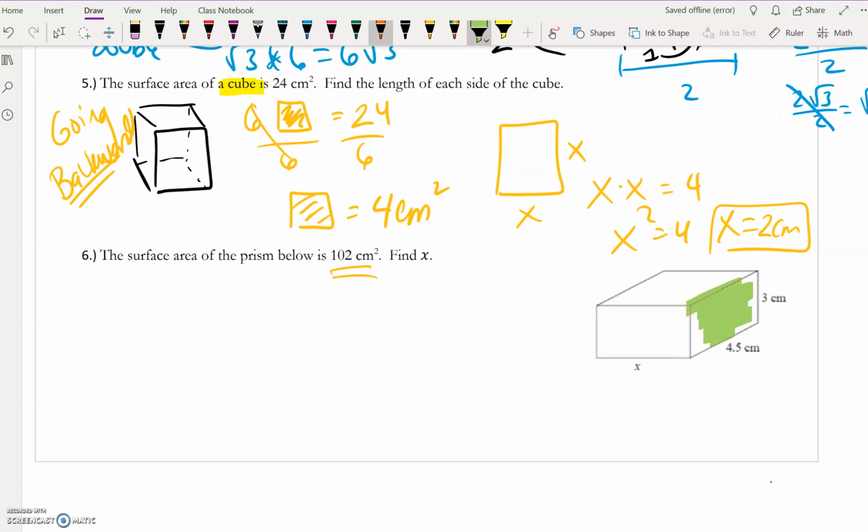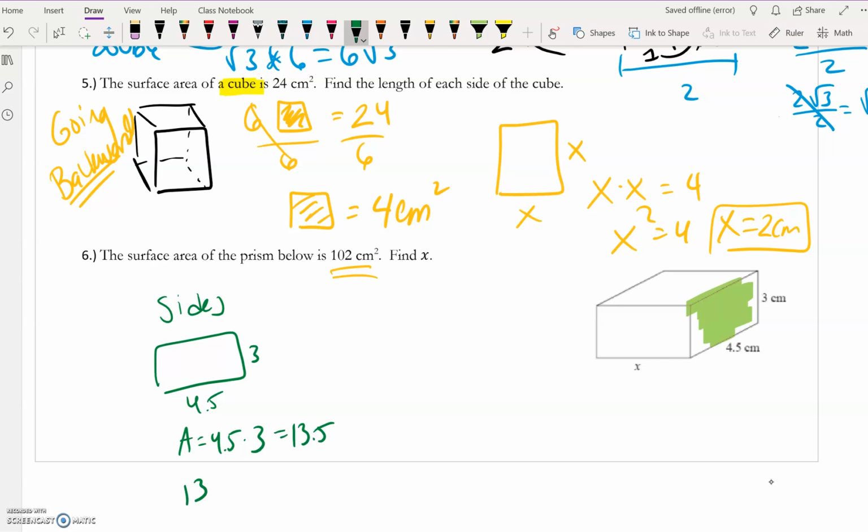That would encompass your sides, which are 4.5 by 3. If I want the area, I'm going to do 4.5 times 3, which is 13.5. Then there's 2 of them, so I have to double that. That's 27 centimeters squared.